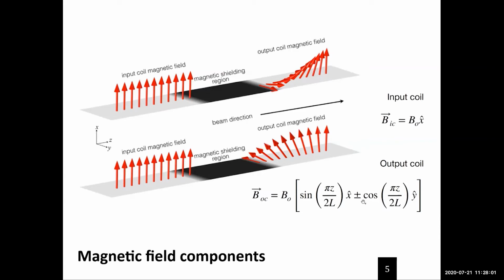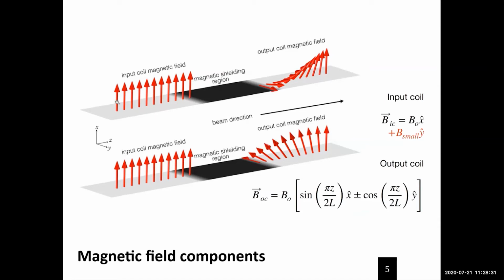We also need to be able to change the direction of one of the components so that we can produce clockwise and counterclockwise rotations of the transverse component of the neutron spin, which is the component of interest. Also, for the input coil, we decided to add a perpendicular magnetic field with a smaller amplitude.